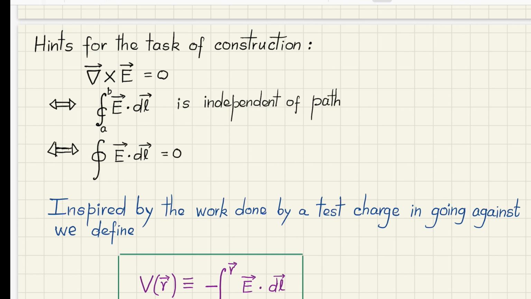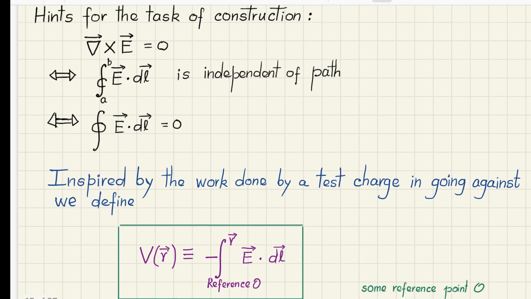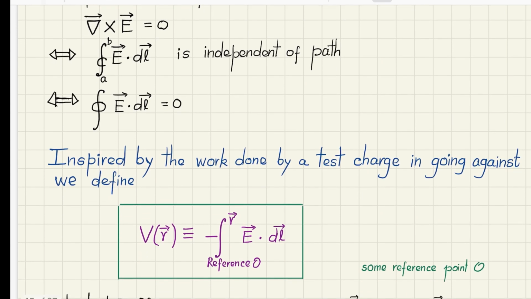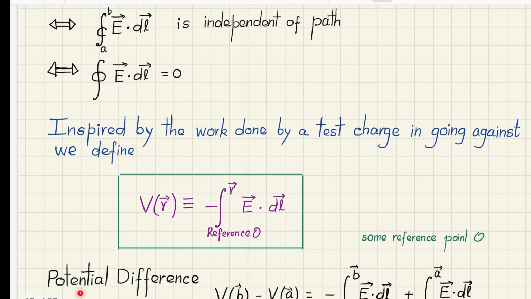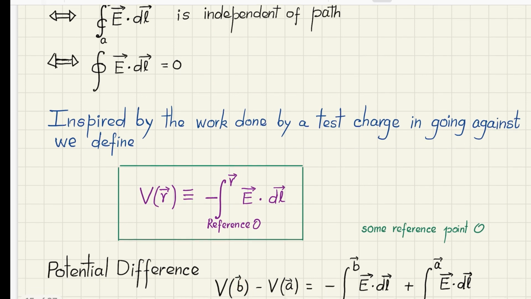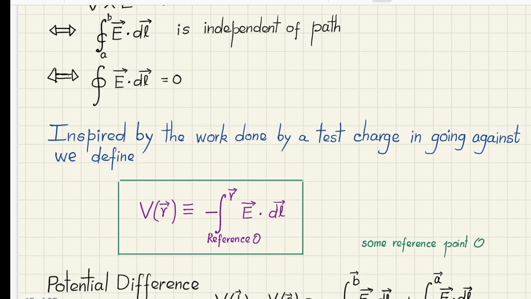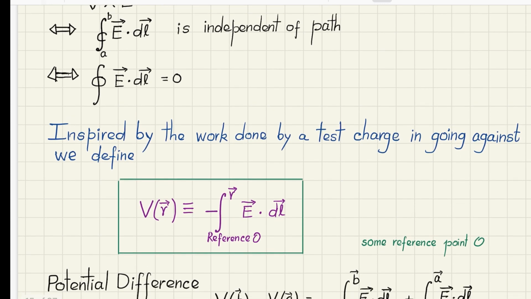This minus, of course, is inspired by the test charge going against the field. I'll say more about it later. The reference point really does not matter, because mostly what we're interested in is a potential difference, that is V at point B minus V at A. So take from the reference point to B, and then reference point to A, minus of that.